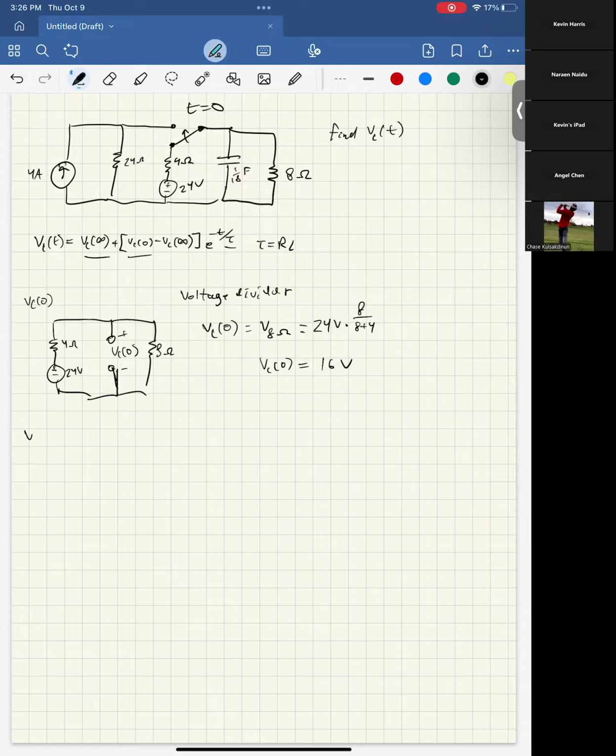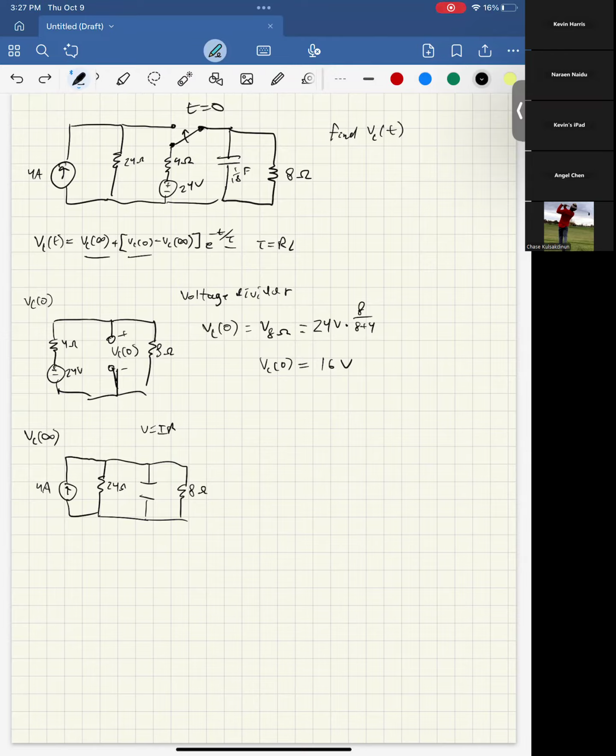Then for VC of infinity, after that switch has closed, we're going to have a new circuit, which looks like this. There are two ways in my mind you could do this. You could either take these two resistors in parallel and then V equals IR, or you could Thevenin equivalent this side and then do a voltage divider like I did in the first part.